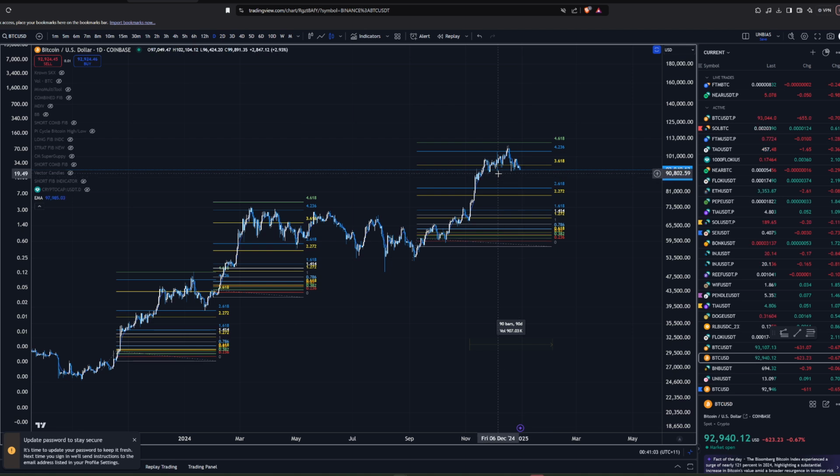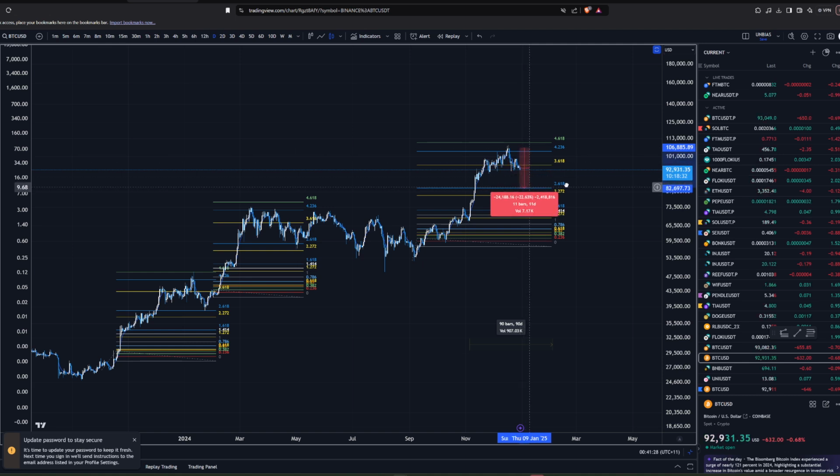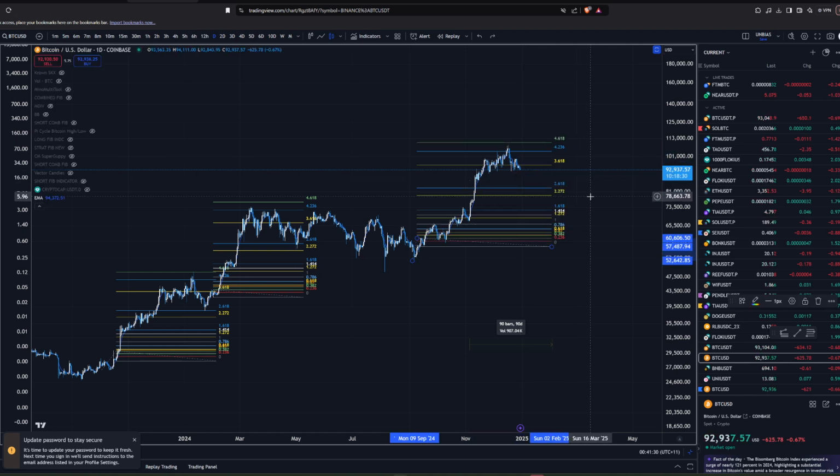And I called this in advance in prior videos, and my expectation here is that we go down to the 85k region to the 2618 measure, which is saying 83k, right? And from the top, that's approximately a 22% move.